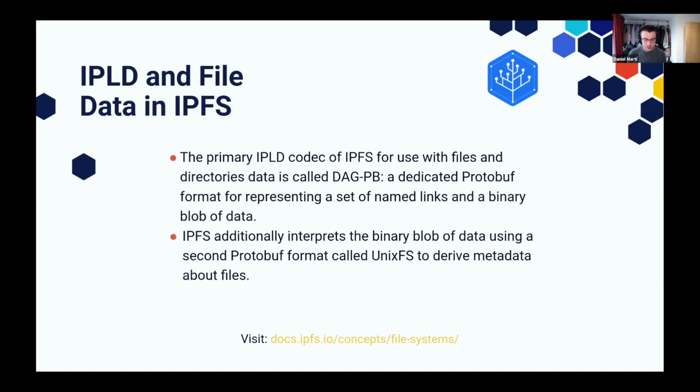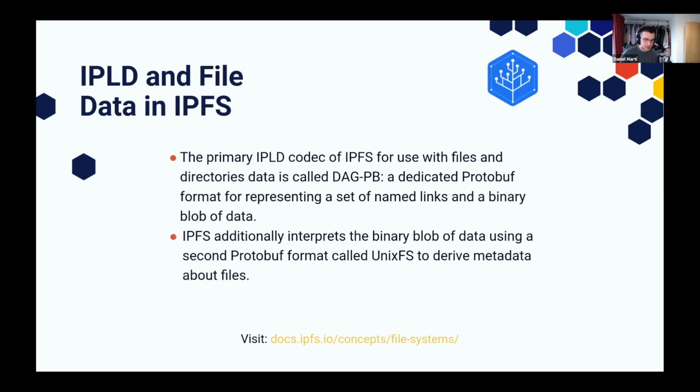And all it does really is store some raw data, be it, for example, a file itself or a chunk of bytes for a file. And it also contains a list of links to other things. So you could think of, for example, a directory as a DAG-PB block that contains very little to basically no data, and instead contains links to other blocks.